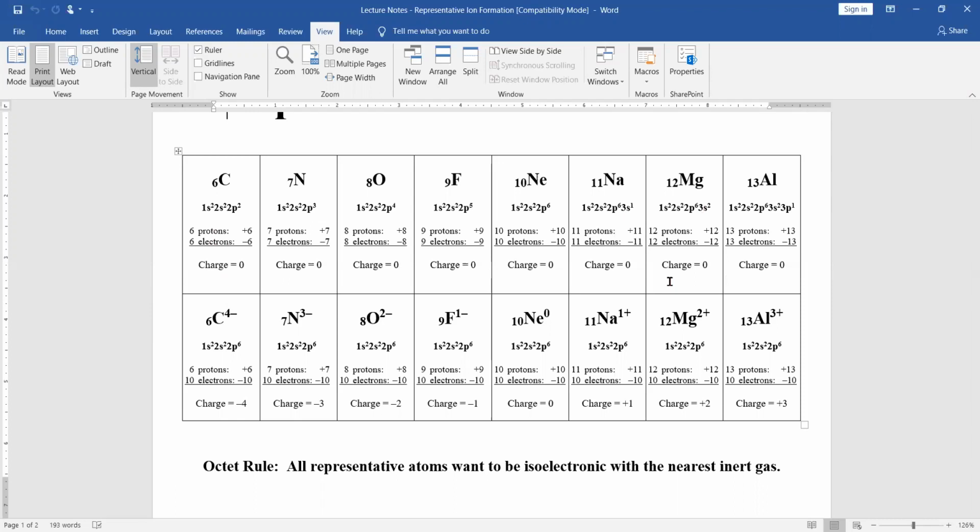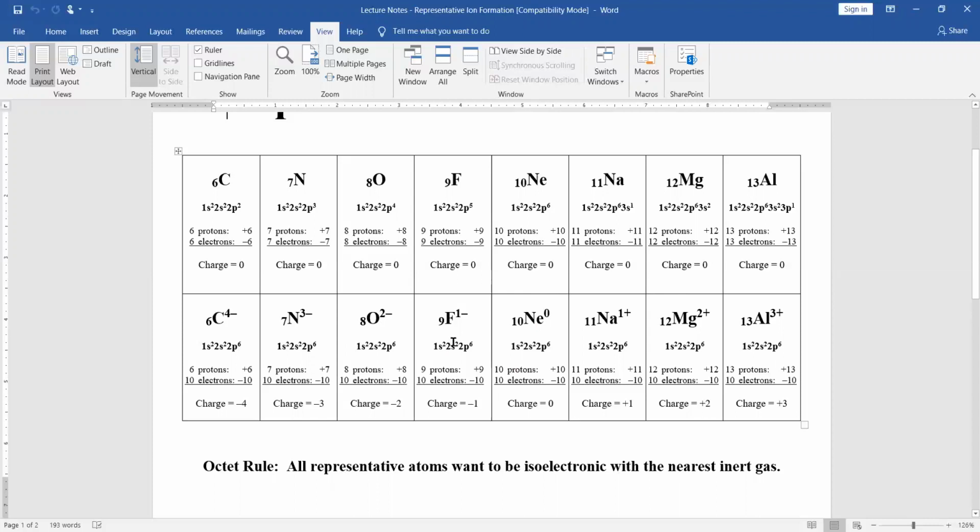I've taken those same atoms, the same consecutive run off the periodic table, and now I have altered the number of electrons. The neon, the inert gas, is still neutral. It still has 10 protons and 10 electrons.